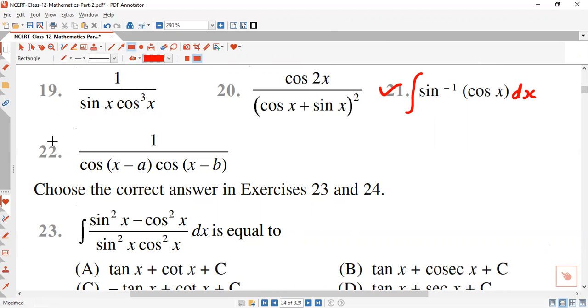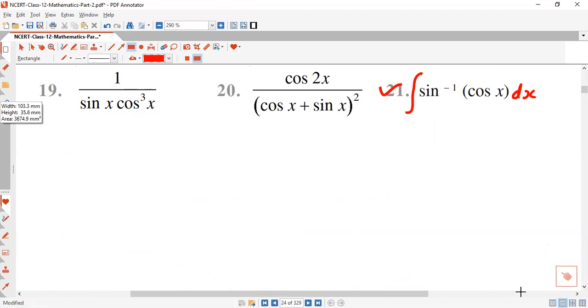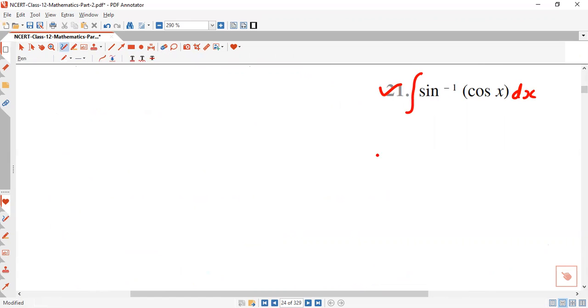Look at this function: we have cos x inside sin inverse. So we know the properties: sin inverse x plus cos inverse x equals pi by 2. Since we know this property, we will use it.